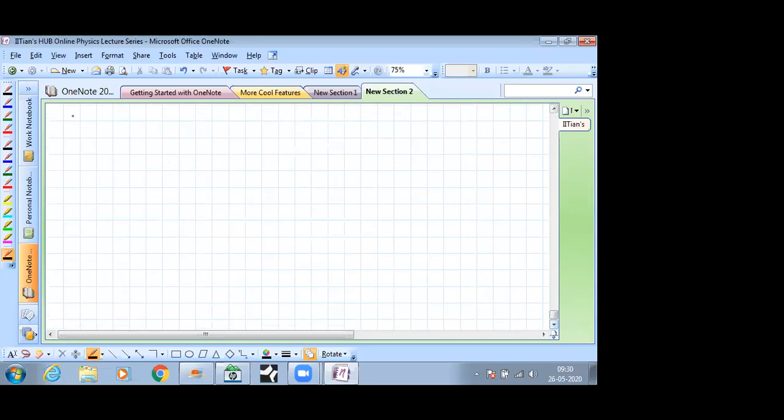So question 14 says we have two unit vectors which are at an angle of 127 degrees. So let's say unit vector A and unit vector B. So A cap and B cap are at theta equal to 127 degrees. You have to find their dot product.